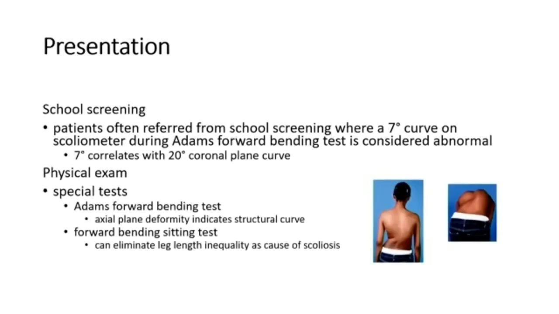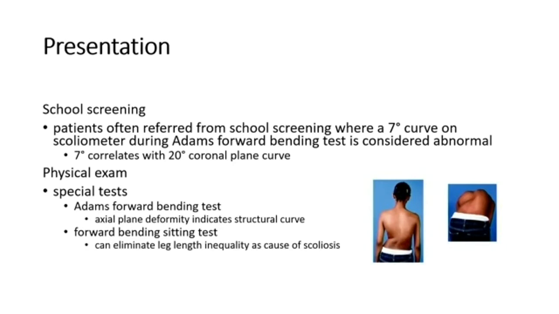How these children are going to be presented if there is effective school screening, this is usually the case. And physical examination will tell you if this is a scoliosis related to limb length discrepancy, or it is a real fixed curve, with special tests like the Adams forward bending test.